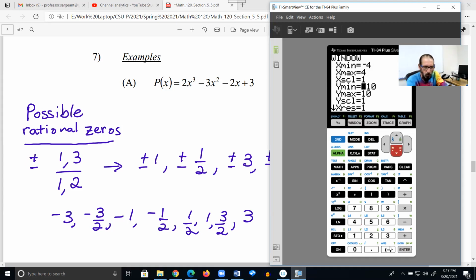Since we're looking for x-intercepts, we want to see y values around 0. And so I could focus in on that by going -1 to +1.